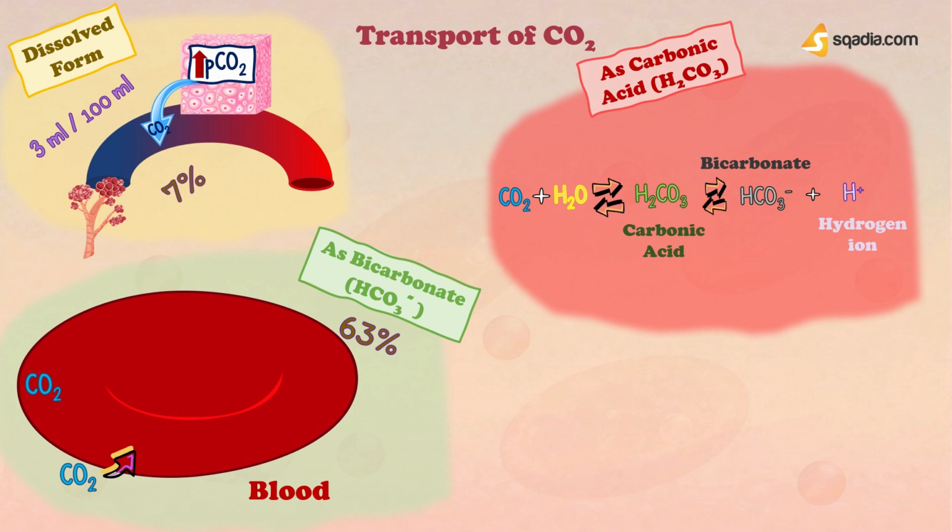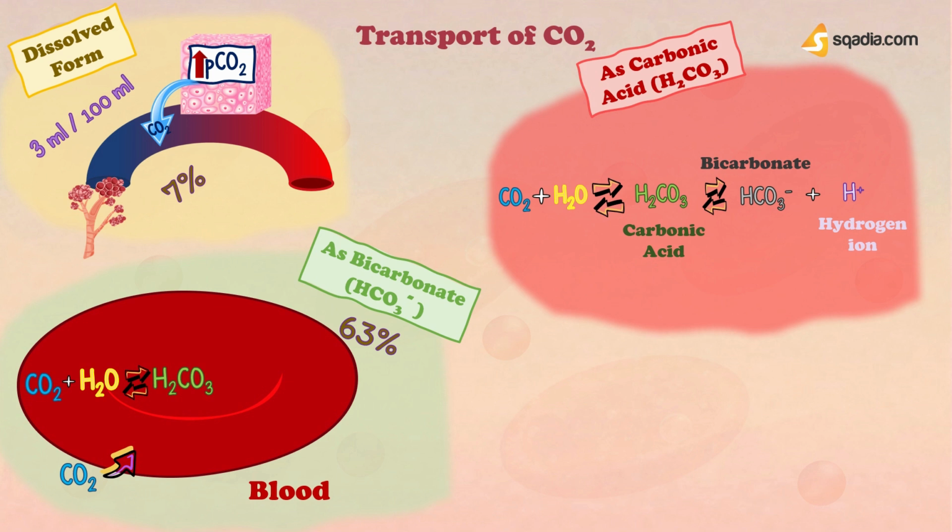In the red blood cells, again, carbon dioxide combines with water to form carbonic acid. The reaction inside red blood cells is very rapid, and carbonic acid formation here is at least 200 to 300 times more than it is in the plasma. Can you tell the reason? Any guess?